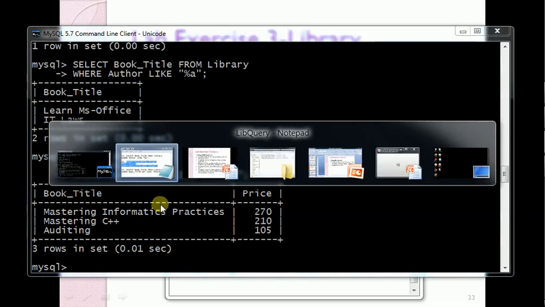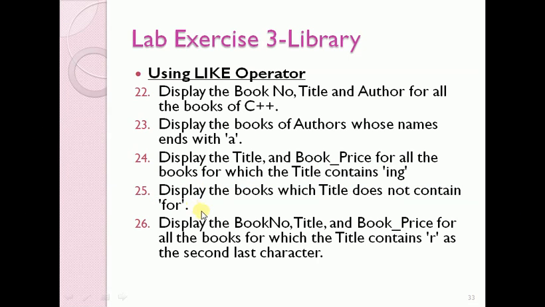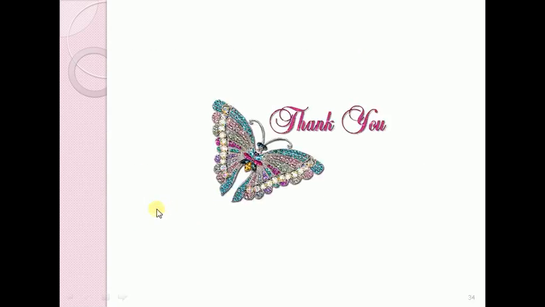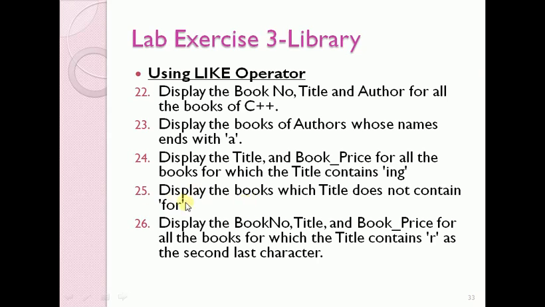So this is the query used for getting the words having ing. Let's continue our questions. Display the books whose title does not contain FOR. Does not contain means it must not contain, so NOT LIKE is to be applied. Let's see the query for this.